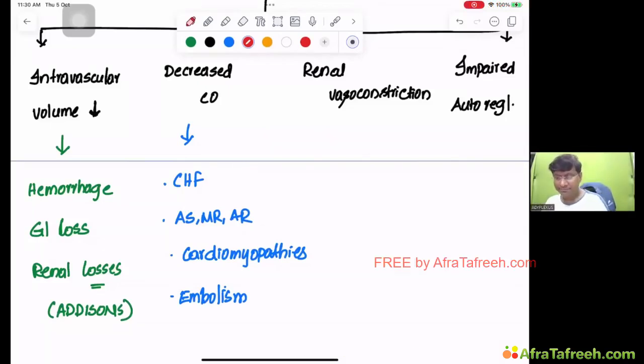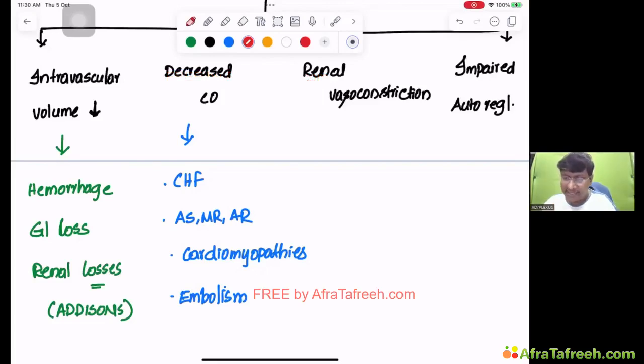Anyone? In cirrhosis, okay, Jacob, to a certain extent you are correct, where there can be decreased intravascular volume because of hypoalbuminemia. And another important point is the one.